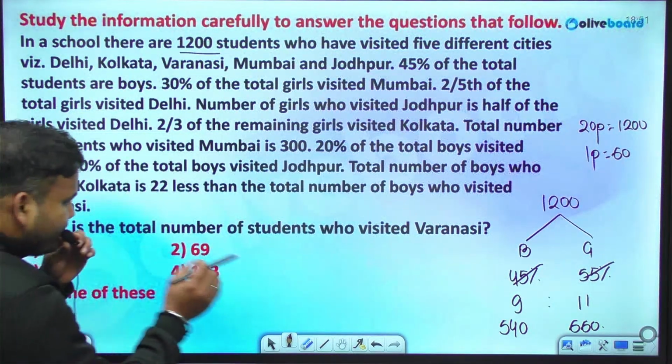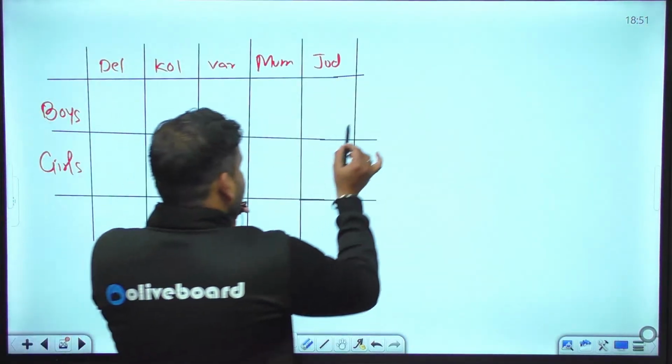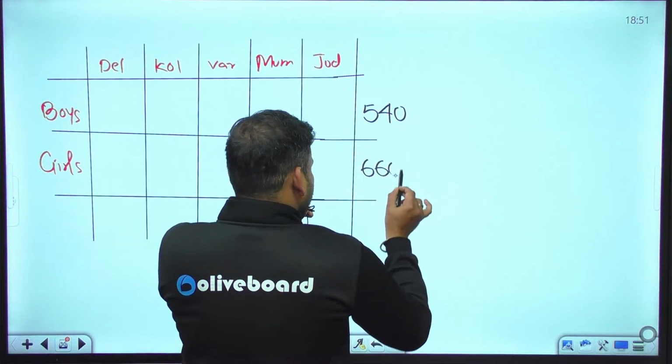Sir, we have 540 boys and 660 girls. So I am writing the number of boys as 540 and the number of girls as 660. So this is the fourth caselet.